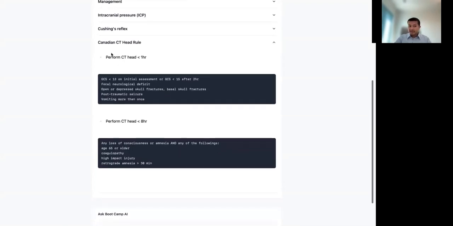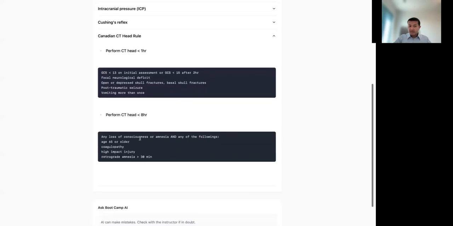Then we do this. You have to perform the CT within 1 hour if the GCS is less than 13 on the initial assessment, or the GCS comes down and is still not shifting 2 hours afterwards. Focal neurological deficit attributable directly to the trauma, open or depressed skull fractures, post-traumatic seizure, vomiting more than once, meaning if the patient vomits once, you still do not need to do the CT, but more than once, you have to do the CT within 1 hour.